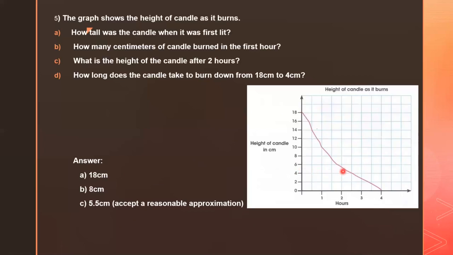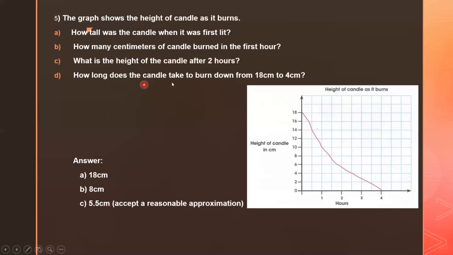So you can write 5.5 centimeter. Accept a reasonable approximation, because here we can't find the exact centimeter, as it is not marked. If it were 6 or 8, we could find the exact value by subtracting, but it is somewhere here, so we can give only a reasonable approximation. That's why I answered 5.5 centimeter.